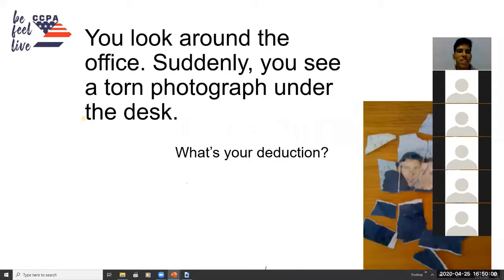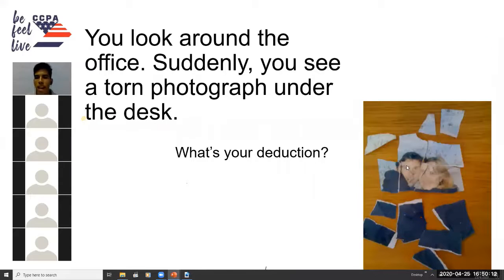Uh-oh, we have another clue now. You look around the office. Suddenly, you see a torn photograph under the desk. Right. And look at the photograph. You have in your screen the photograph. So it's a man and a woman. And remember, Anna Brown is the one who is dead. So probably it's her picture, right? So what do you think? What's your deduction?